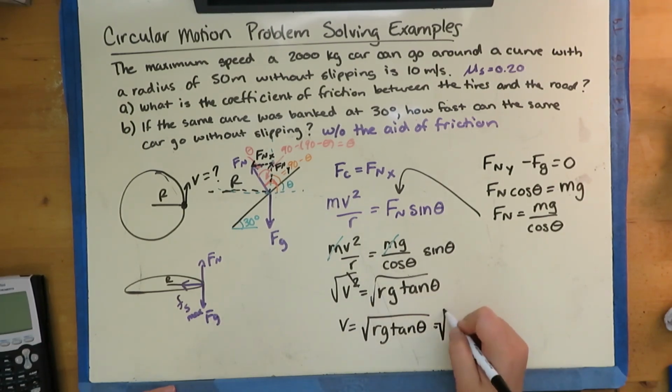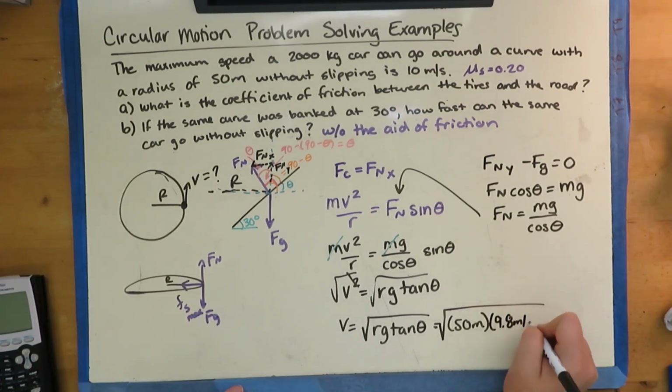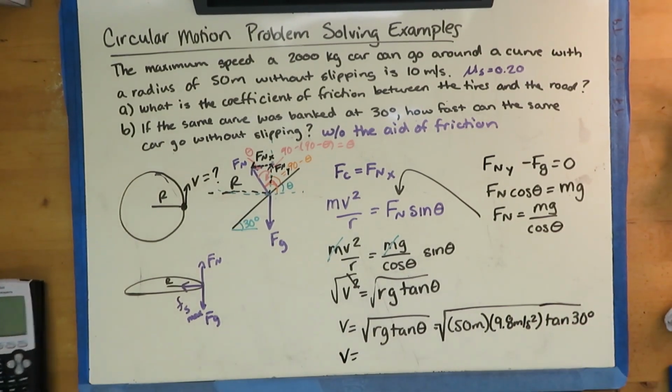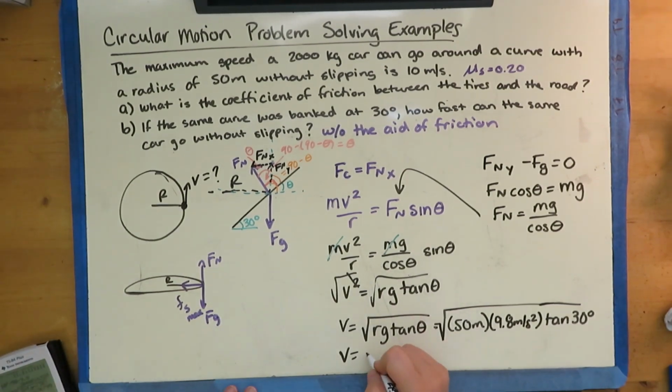And if I plug in 50 meters for my radius, 9.8 meters per second squared for my acceleration, and tan of 30, I can find that my speed is about 17 meters per second.